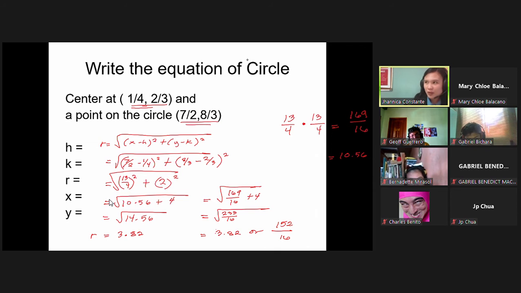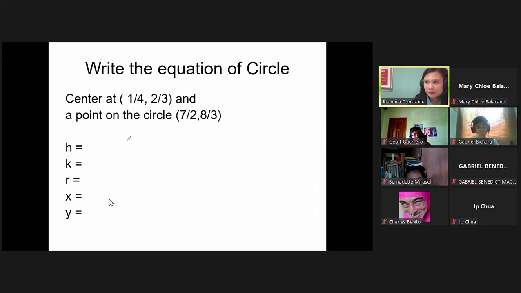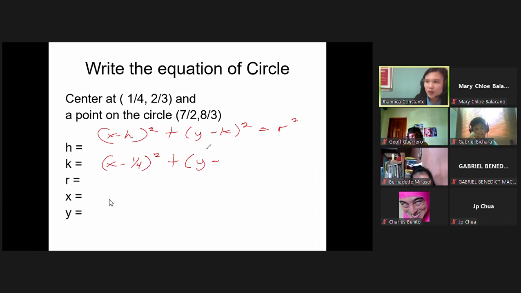So since we have already the radius, we can now write the equation of the circle. So x minus h squared plus y minus k squared equals the radius squared. So x minus 1/4 squared plus y minus 2/3 squared is equal to the radius that we have, which is 3.82 squared.